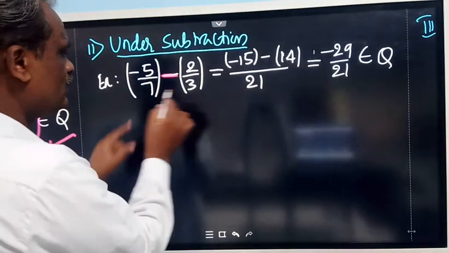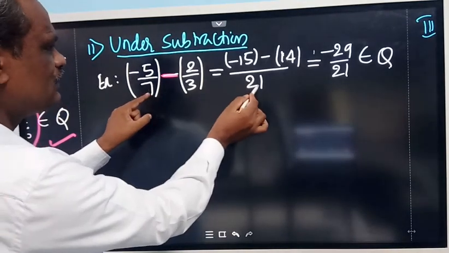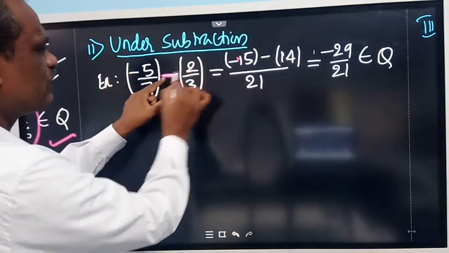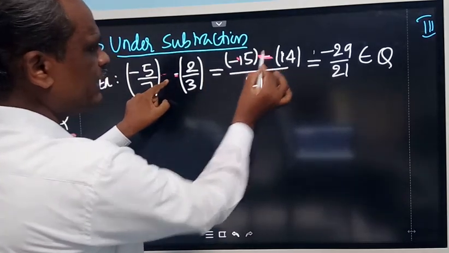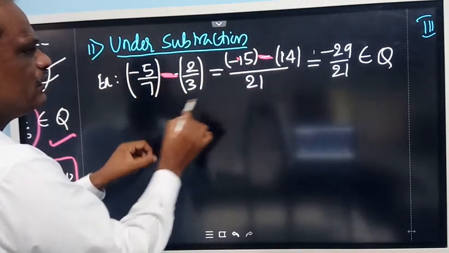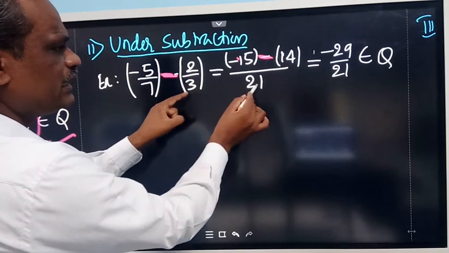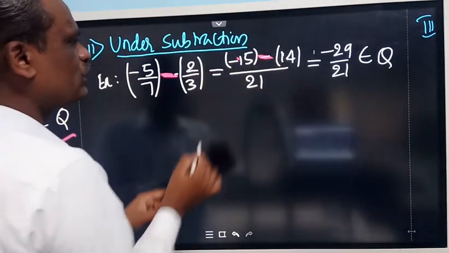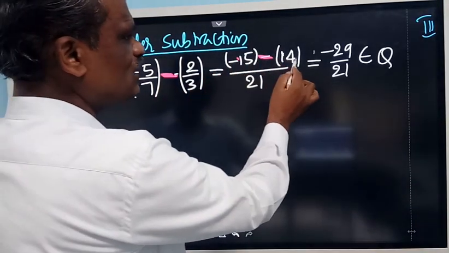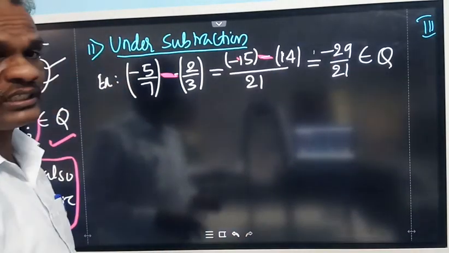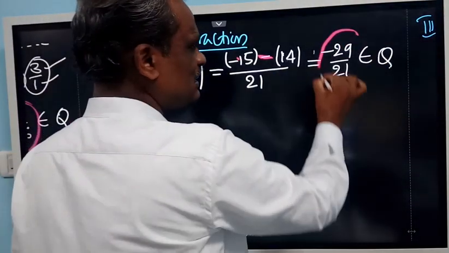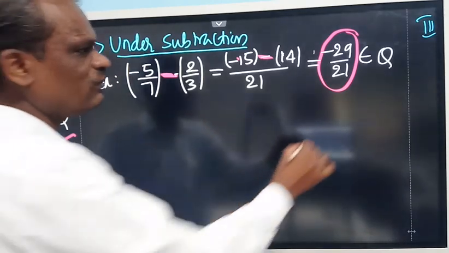Divide: 7 3s are 21, 3 into 5 is minus 15. Write the minus sign as it is. Then 3 7s are 21, 7 into 2 is 14. So minus 15 minus 14 gives you minus 29 by 21. See that this is also a rational number, which is in the form of P by Q.